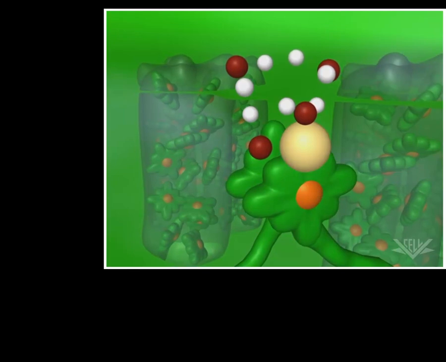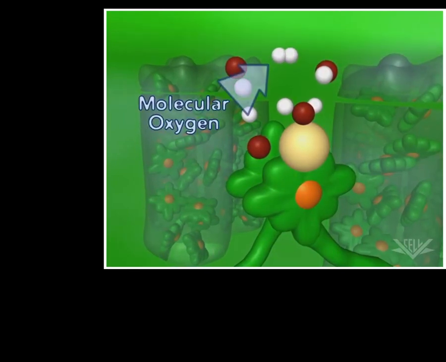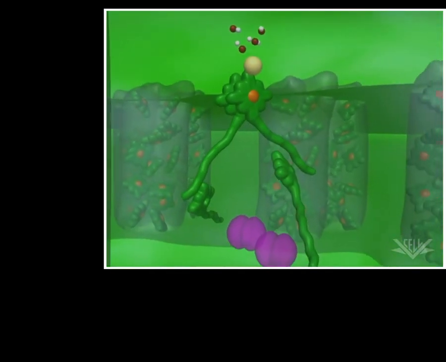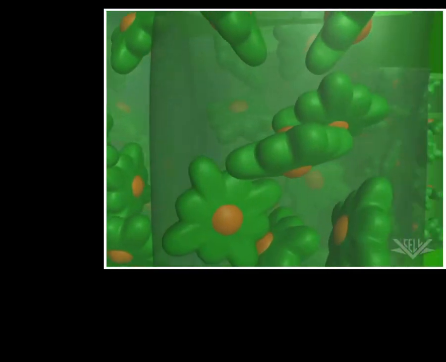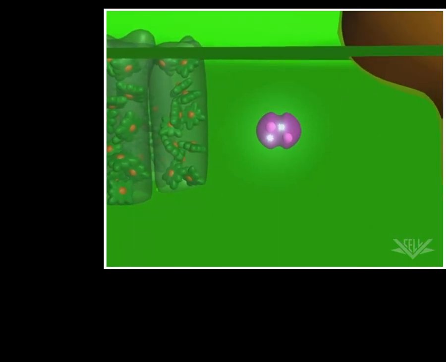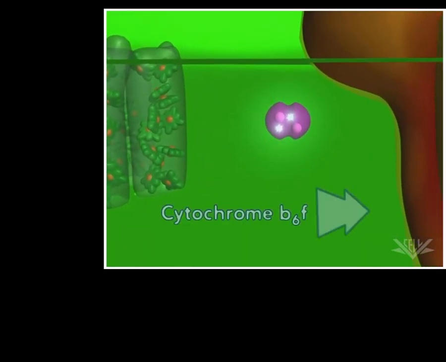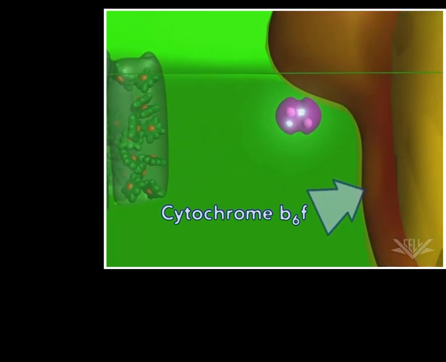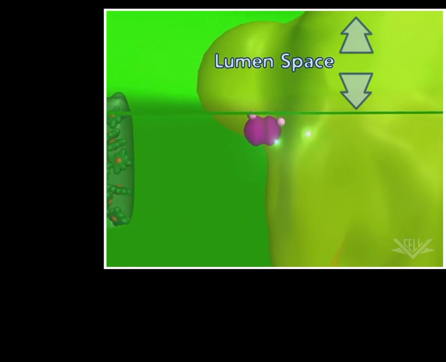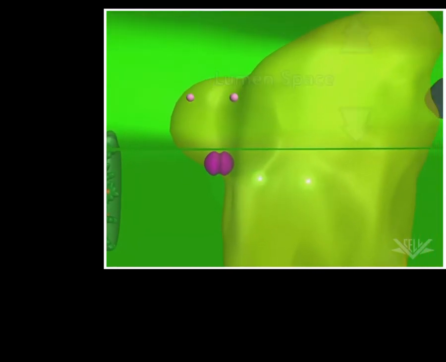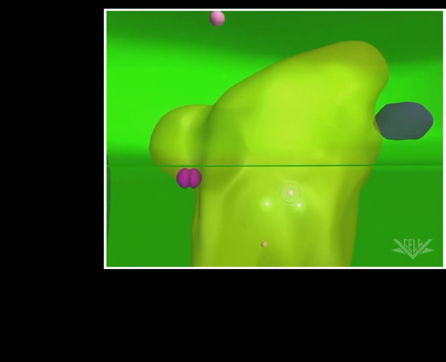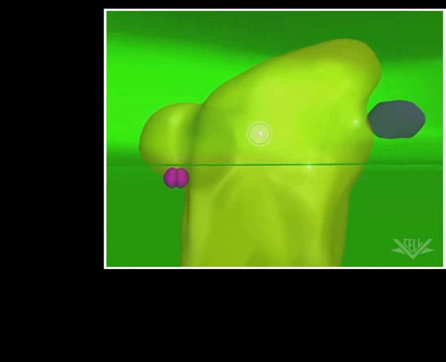After 2 water molecules have been split, 1 molecule of molecular oxygen is created. Plastoquinone QB then transfers the 2 electrons to the cytochrome B6F complex. The 2 protons it picked up are released into the lumen. These transfers are coupled with the pumping of 2 more hydrogen ions into the lumen space by cytochrome B6F.